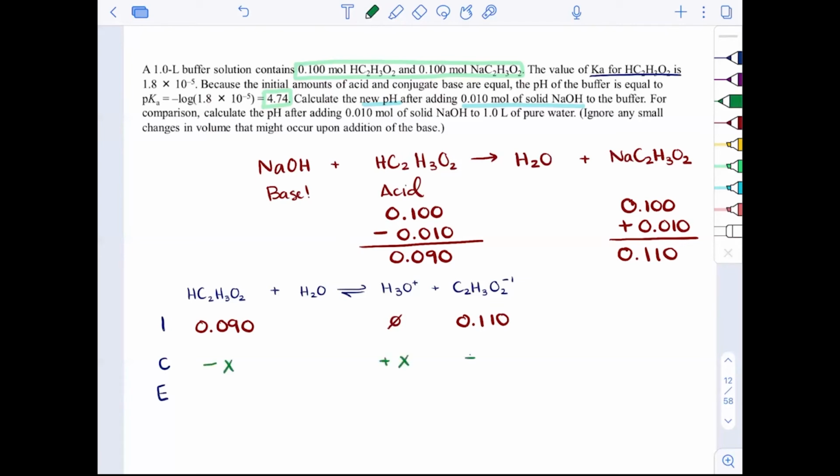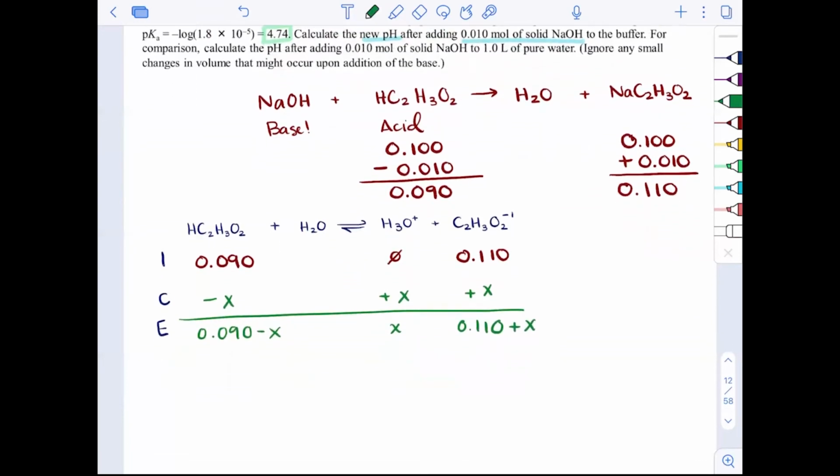We'll do our ICE table just as before. We'll look at our Ka and say, yep, that Ka is small.